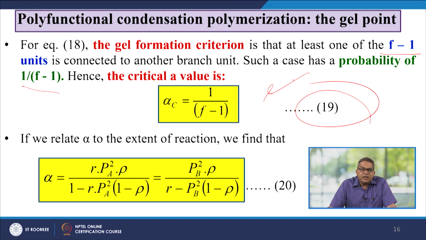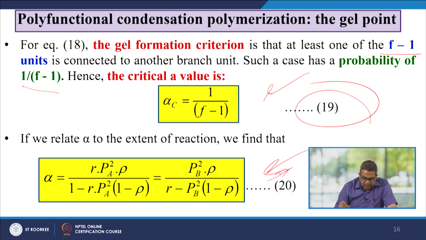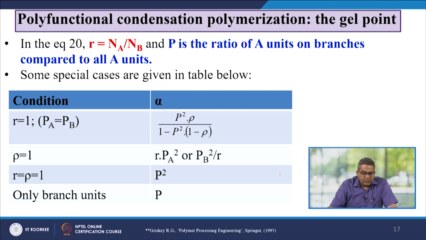Now, if we relate alpha to the extent of reaction, we can find the relationship of alpha in a more precise manner, which is represented in equation number 20. Based on equation number 20, R is equal to NA over NB, and P is the ratio of A units on branches compared to all A units.